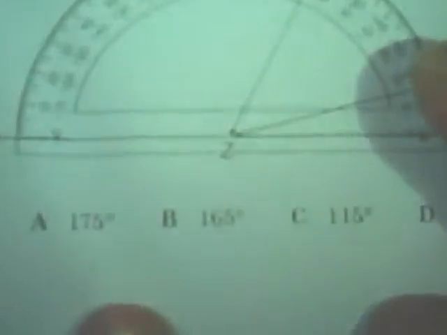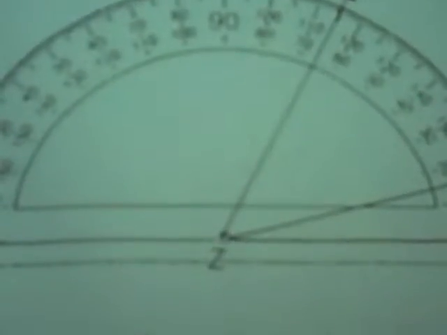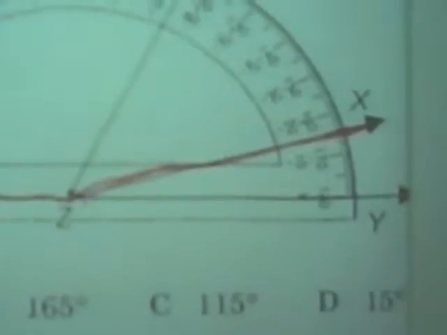Okay. Trace the angle you are asked to measure. This one is telling us to measure VZX. Start at V, trace across to Z, and then to X. X is this line that goes right through there. That is the angle we're trying to measure.